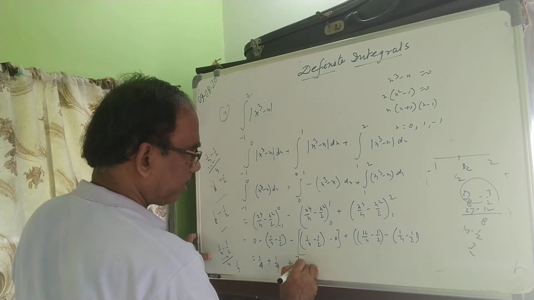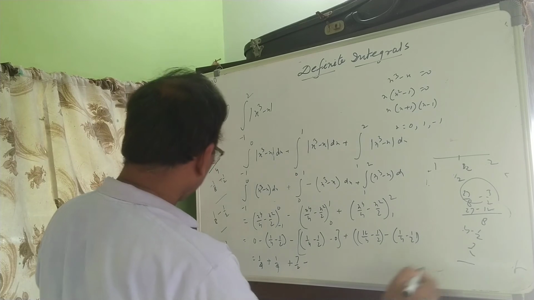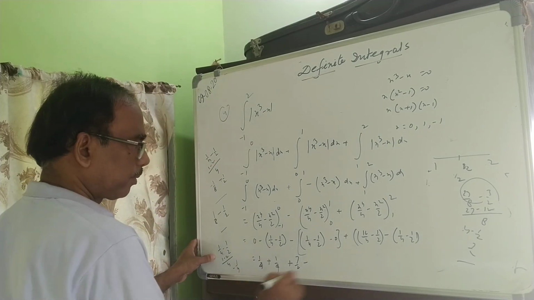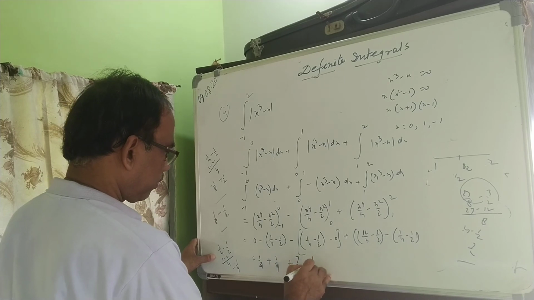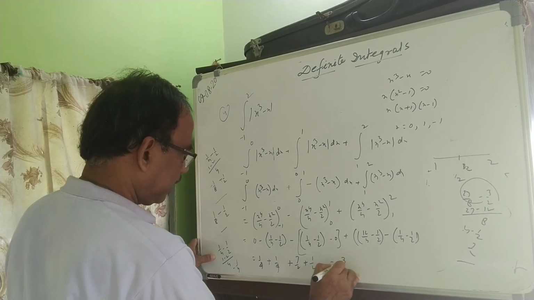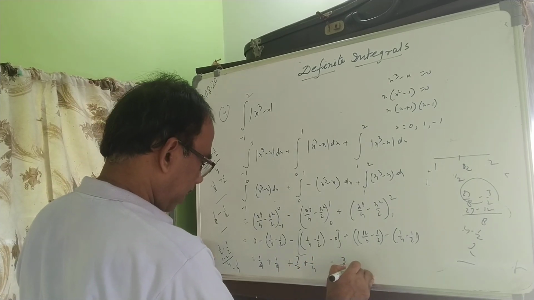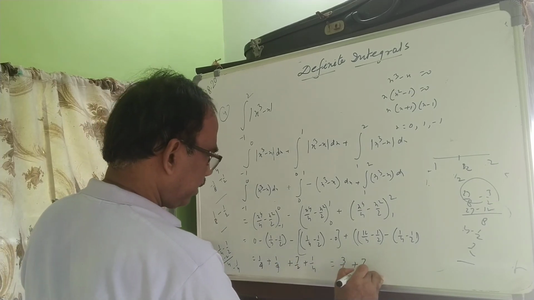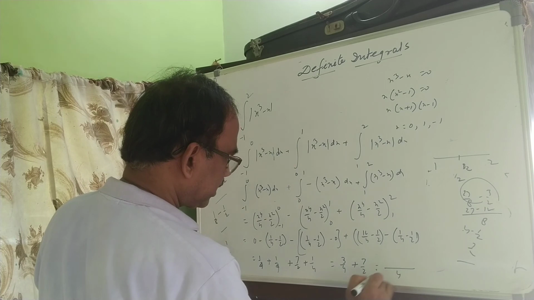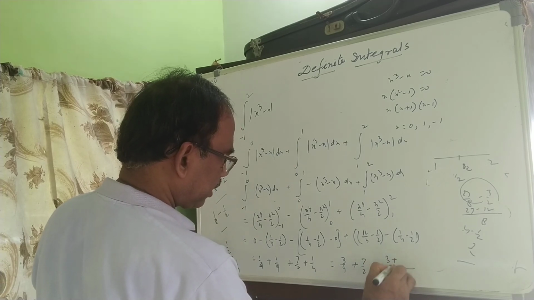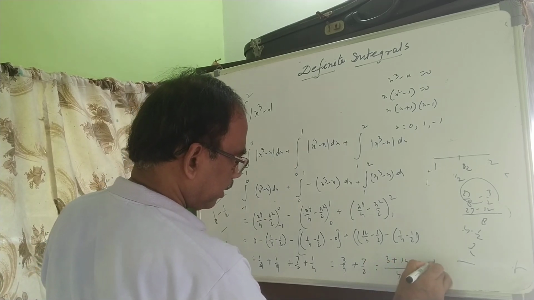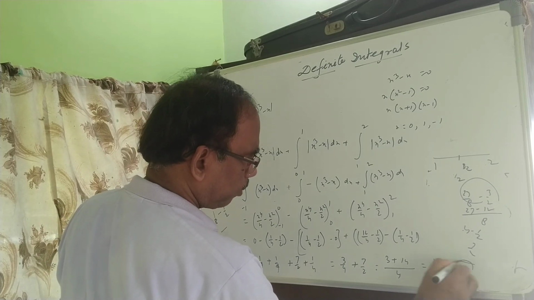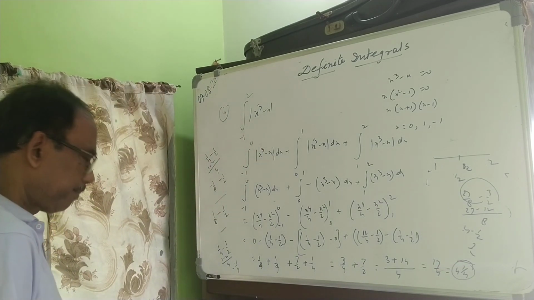So 3 by 4 plus 7 by 2, 4 is the LCM, 3 plus 14, that is 17 by 4. 17 by 4 is your actual answer.